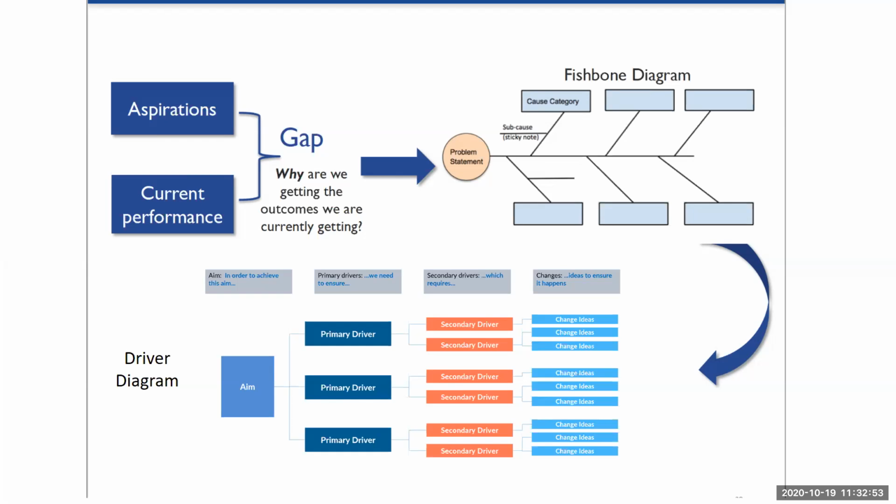You can define those primary drivers with a little bit more information around secondary drivers. So primary drivers are the things we need to focus on, and the secondary drivers are where we need to focus within that bigger bucket. And then you come up with change ideas that tie very closely to those identified drivers, all to drive progress on the aim that you've identified over there on the left-hand side of the driver diagram.